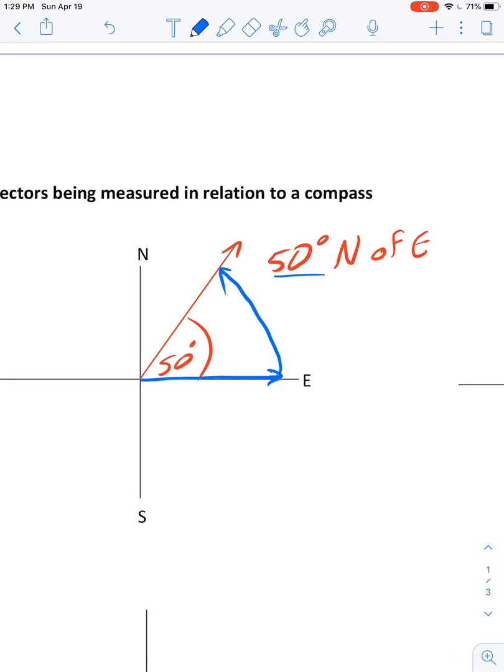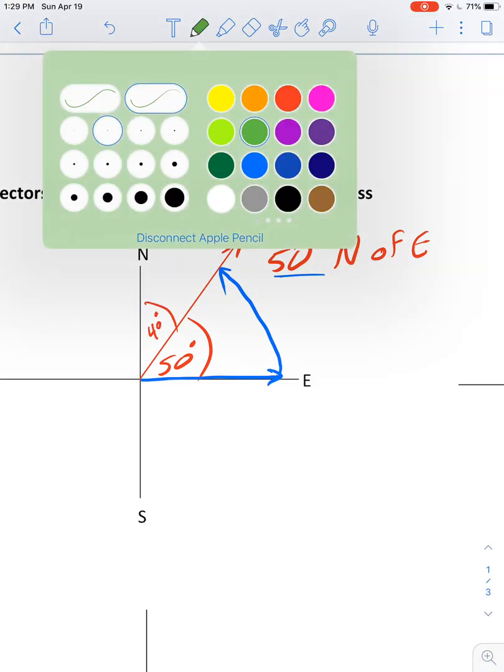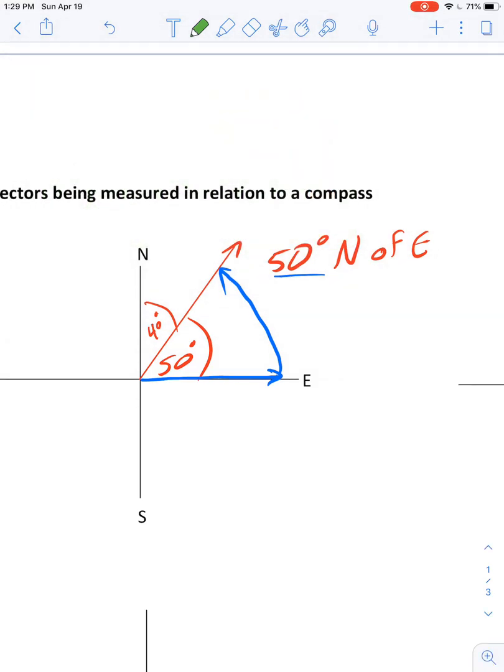The alternate way with the 40 degrees, I'll make this in red again, and we'll use green. This would be 40 degrees east of north, which means you go north and then you do 40 degrees east of that to get your 40.